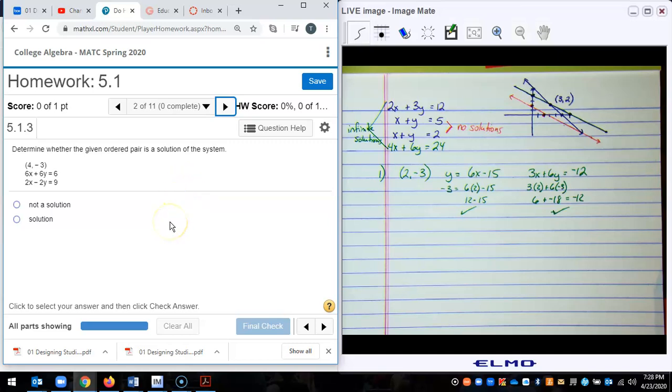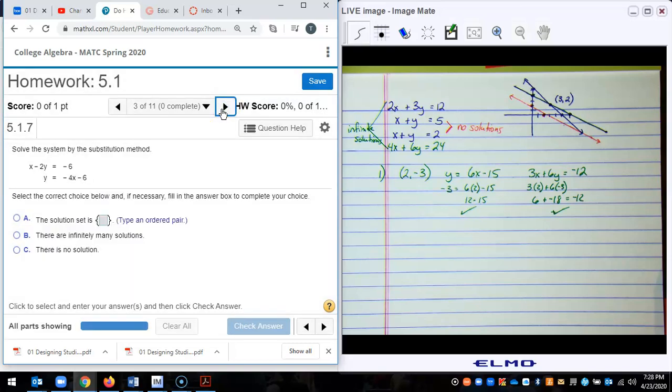All right, number 2 works exactly the same way. We're going to substitute those points in to determine if we have a solution or not when I have a false statement. Now we're going to learn that there are different ways to solve. Later on, we need to learn the substitution method, because if we're taking a chapter 5 test as the end test, then we're going to have to be able to solve by substitution.